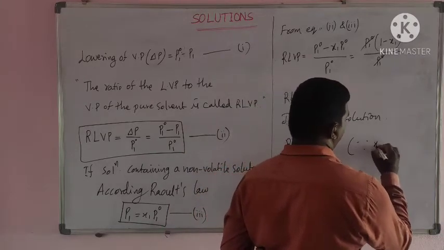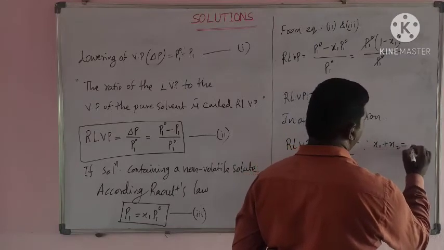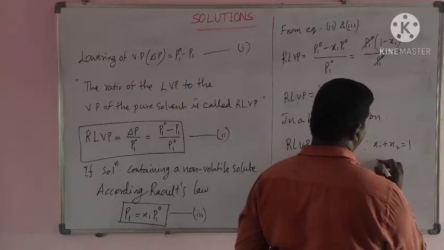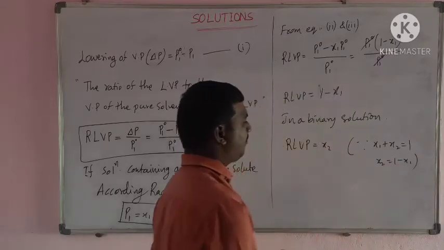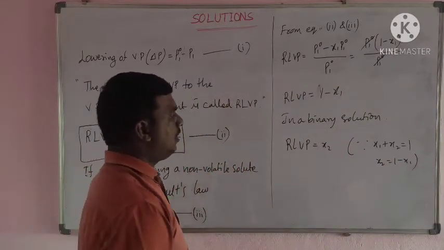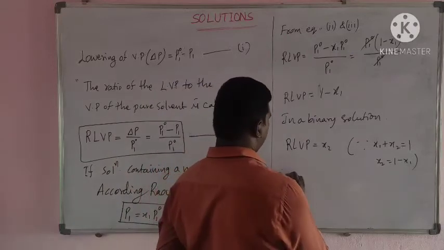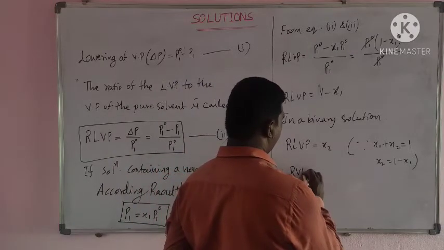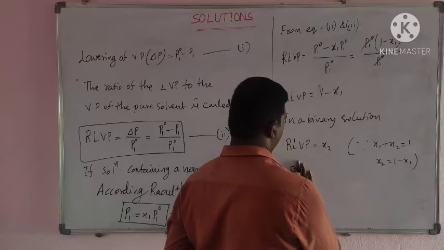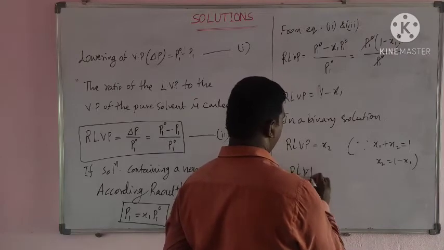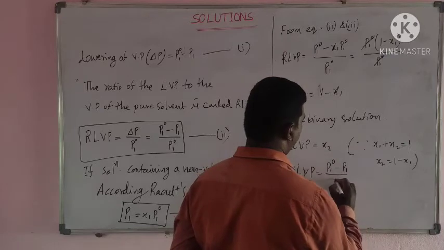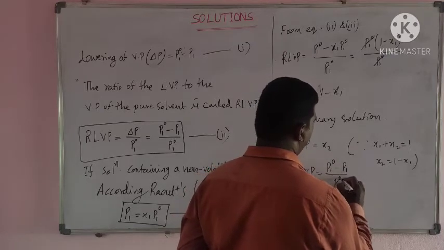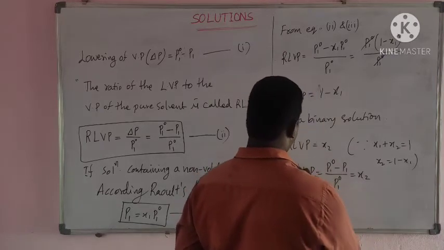Since x1 plus x2 is equals to 1, x2 is equals to 1 minus x1. Therefore, RLVP is equals P1 naught minus P1 by P1 naught, that is equals x2.